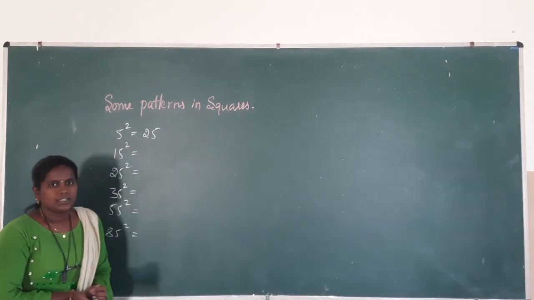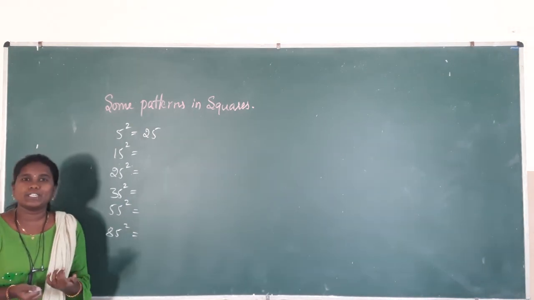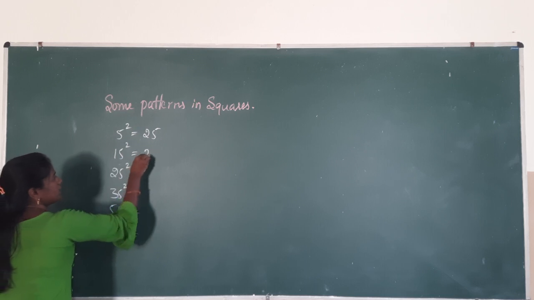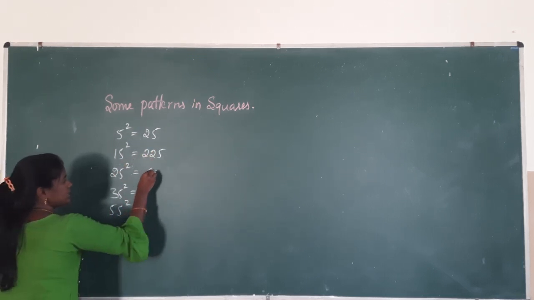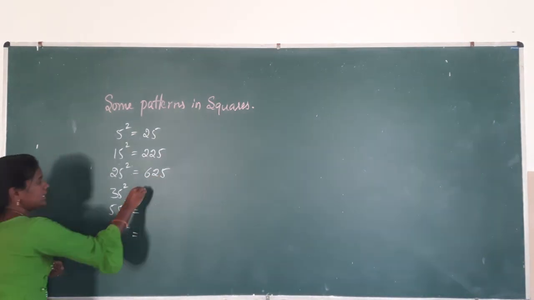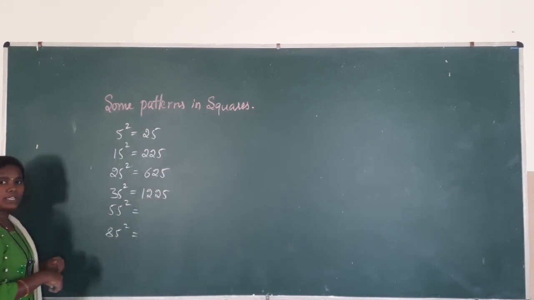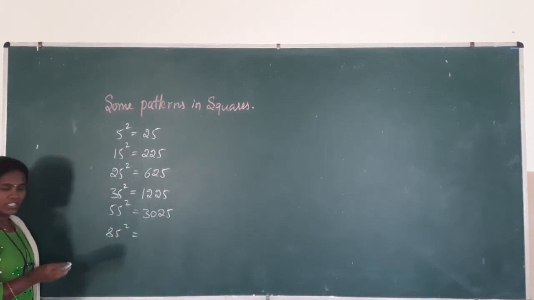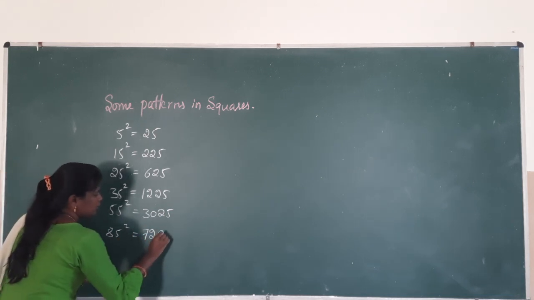The squares of these numbers are easy. 15 square is 225. 25 square is 625. 35 square is 1225. 55 square is 3025. 85 square is 7225.